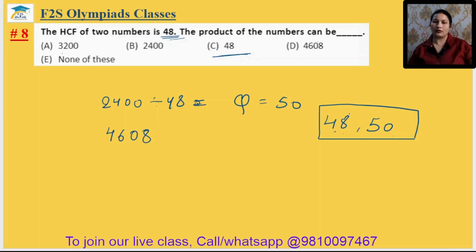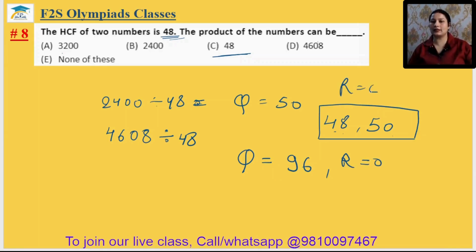Okay. Now 4608 divided by 48. So just divide it. 4608. You can find 96 as the quotient, remainder is 0.